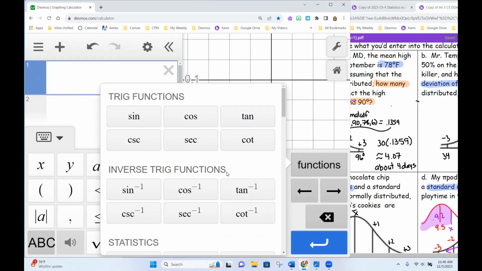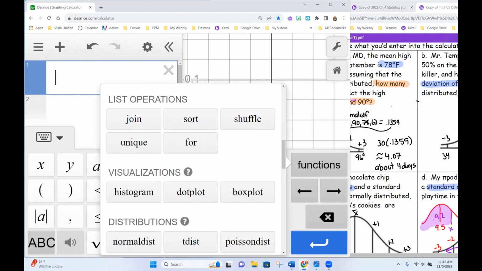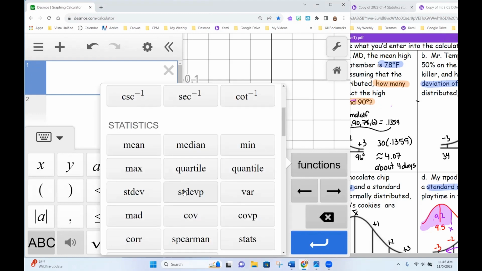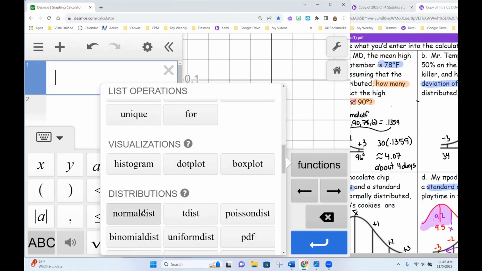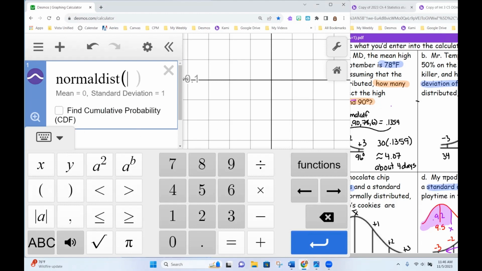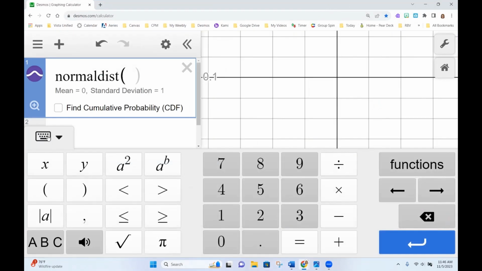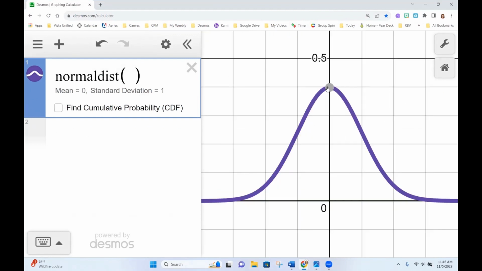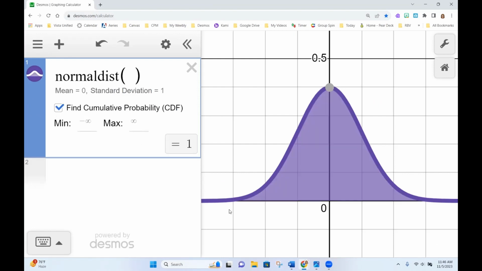If you go to functions and go to distributions, normal distribution, it's going to start off with a standard normal curve. If I hit this, it'll show a mean of 0 and a standard deviation of 1. And then this would be cumulative, showing the area from negative infinity to infinity.